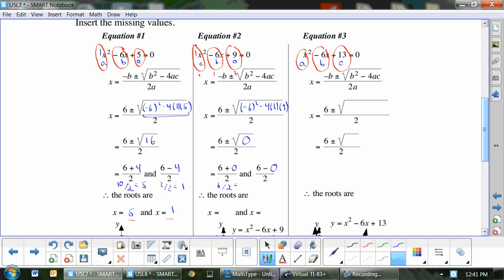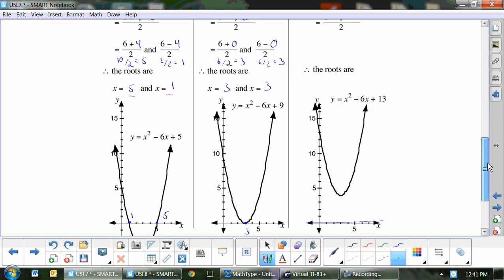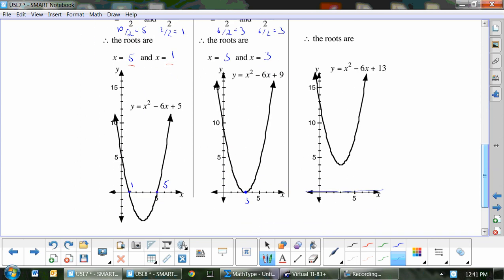And so 6 over 2, we know that our roots are equal to 3. So if we look at our graph, we can see that right here. The graph just touches the line at 3. So it only touches it at one place.